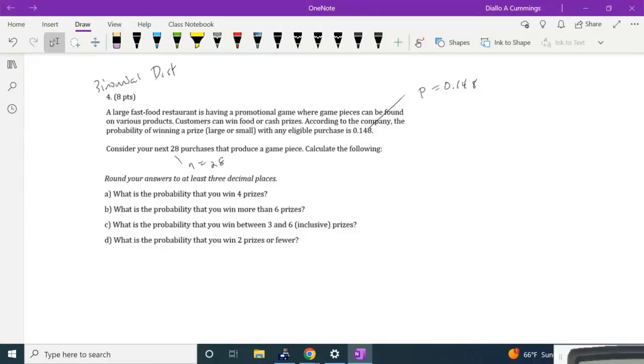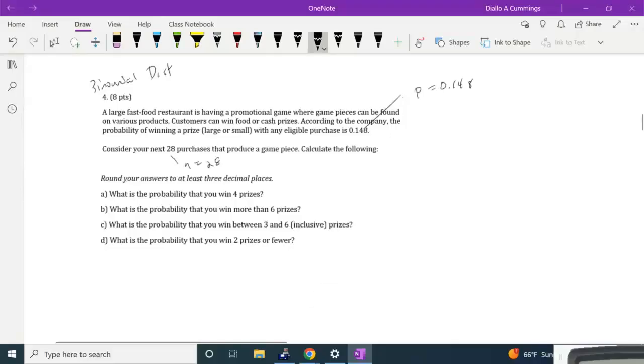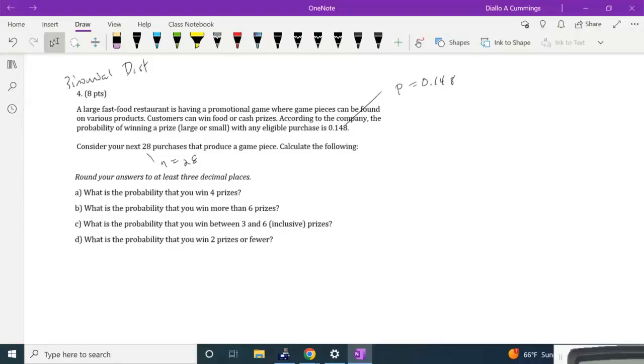All right, so A says, what is the probability you win 4 prizes? They didn't put the word exact in there, but that is an exact probability, because you're going to win exactly 4 prizes. So for A, we're going to use a binomial PDF. N is 28, P is 0.148, and my value for X is 4.